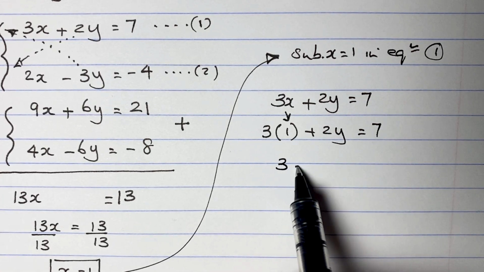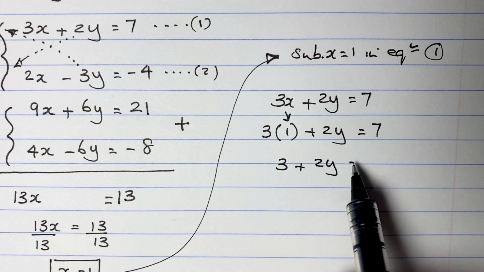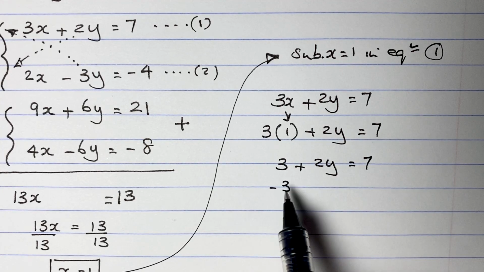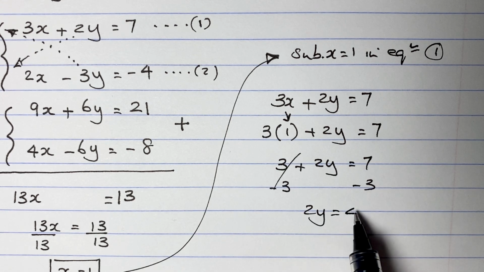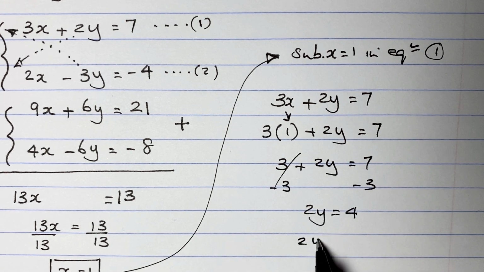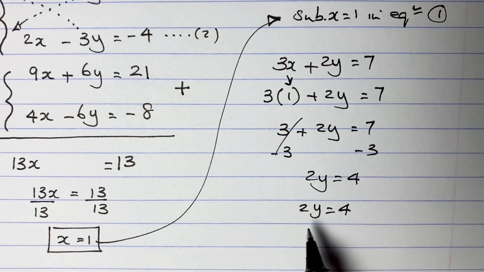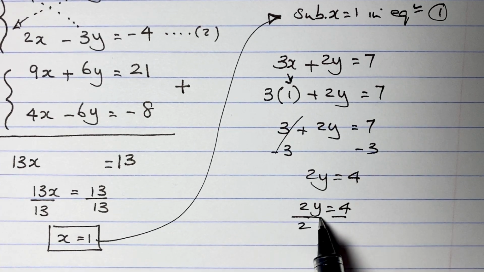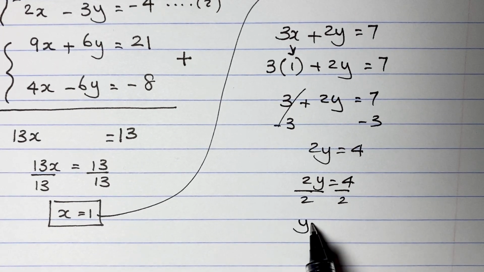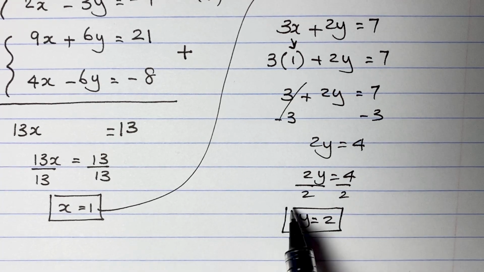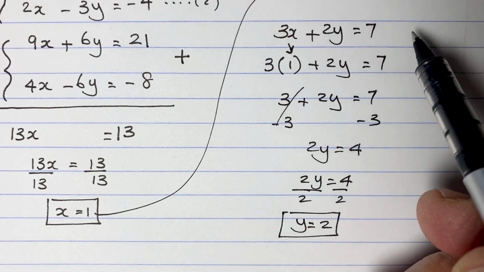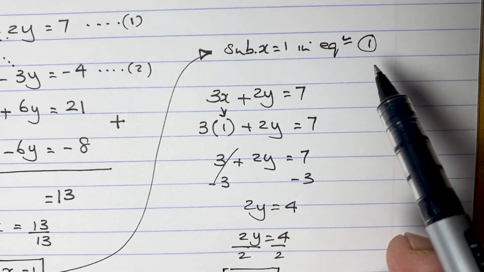So we have 3 plus 2y equals 7. Remove 3 from both sides. 2y equals 4. Divide both sides by 2. y equals 2.